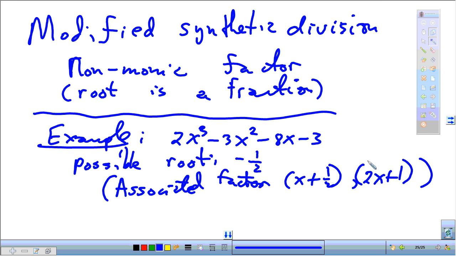And if we look at the factor, in many cases we look at 2x plus 1 instead of x plus a half. So either we're looking at a factor that's not monic, so what do we do? Or we have to deal with fractions if we look at the root.